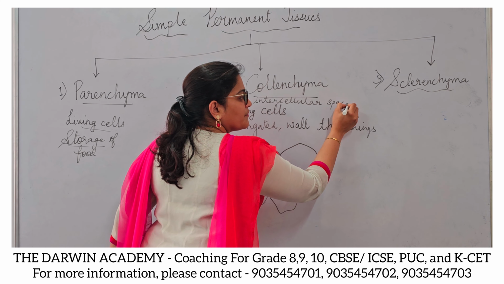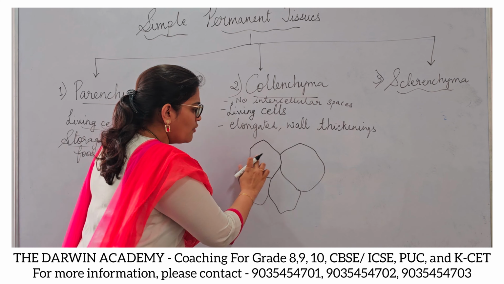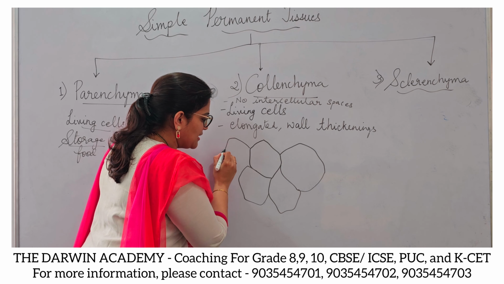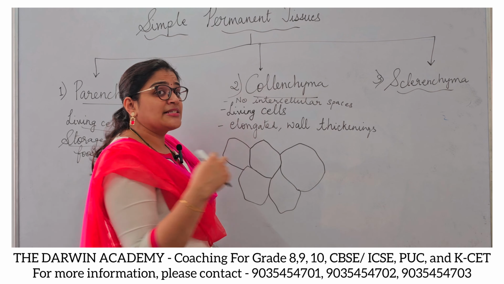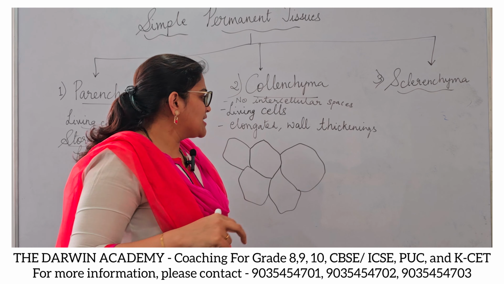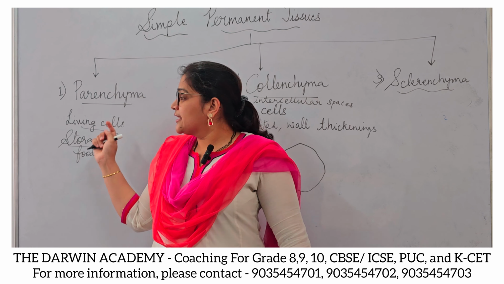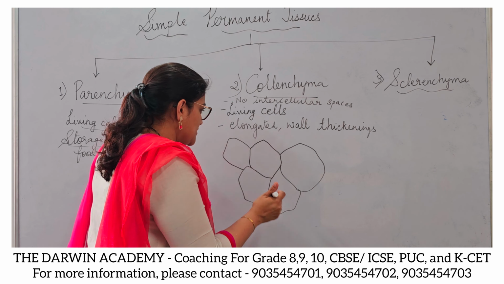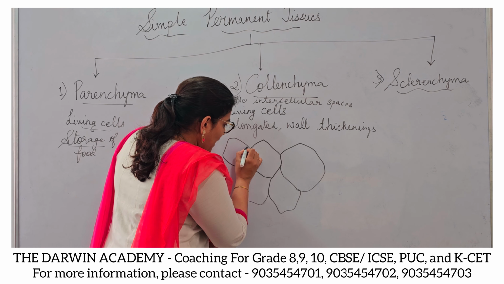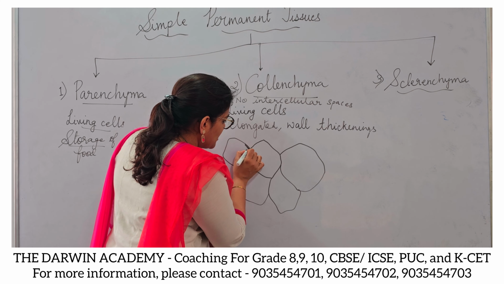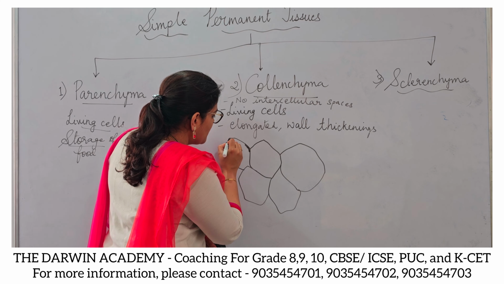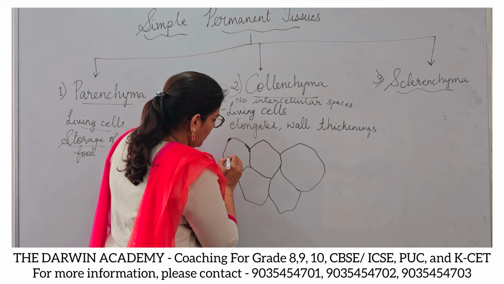So there are no intercellular spaces between the cells. They are compactly arranged. They are living cells. These cells are slightly elongated when compared to parenchyma cells, and at the angles they have deposition of certain substance which makes their walls at the angles thick.